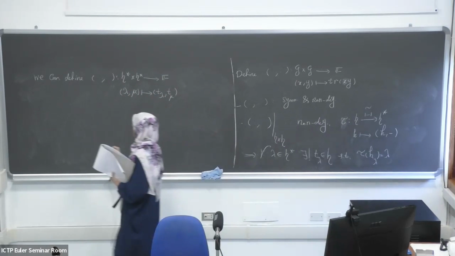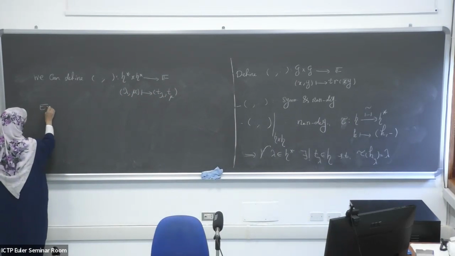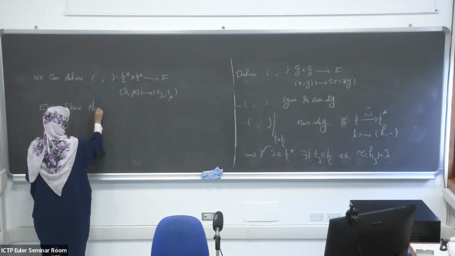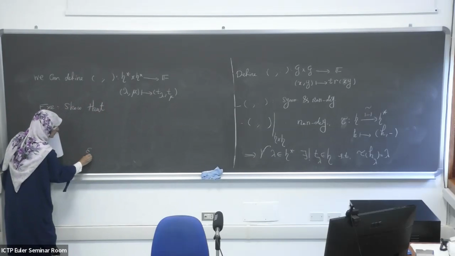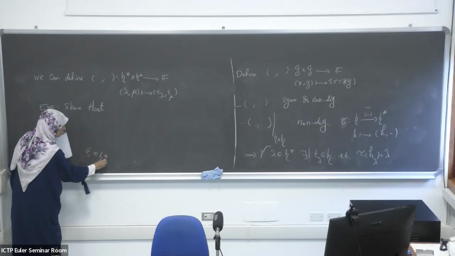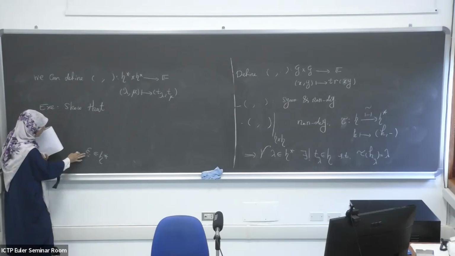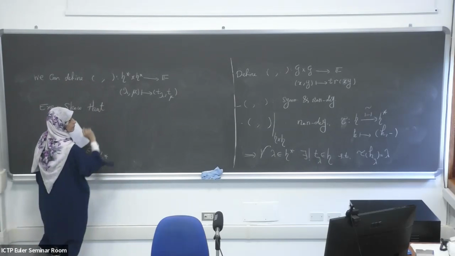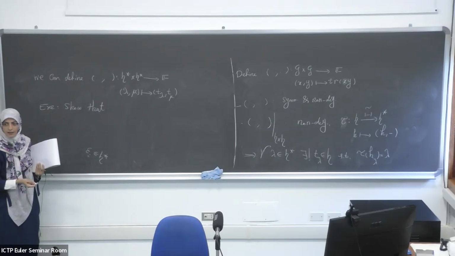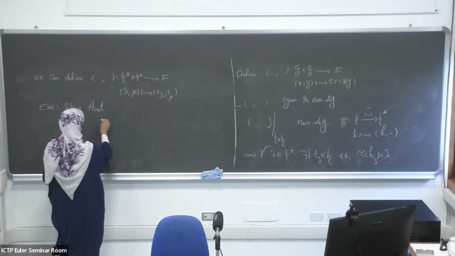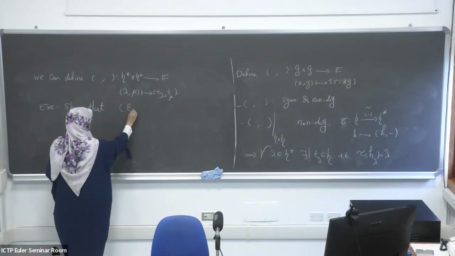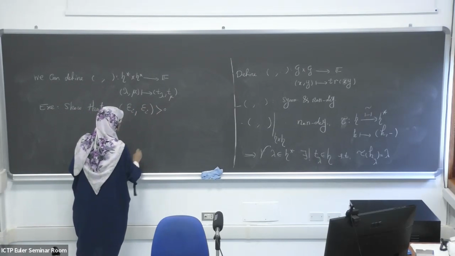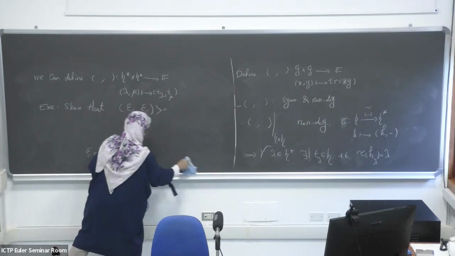And as an exercise, show that, remember, we have epsilon i belongs to H star. So when we have epsilon i belongs to H star, we can talk about the form of epsilon i, epsilon j, right? And as an exercise, show that the form of epsilon i, epsilon j is a positive integer.